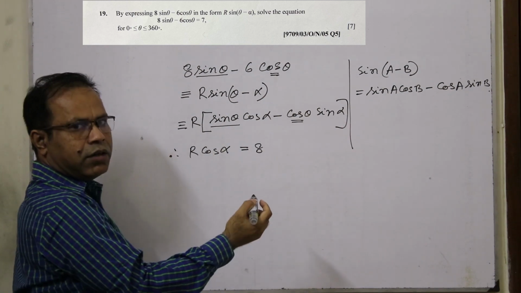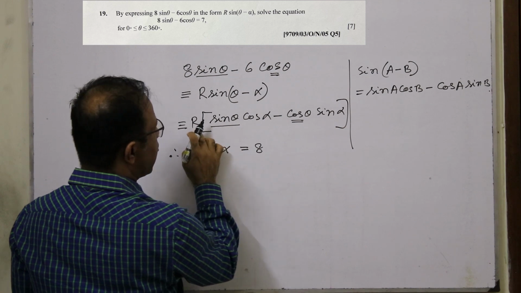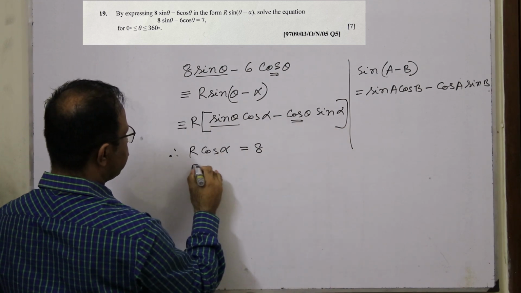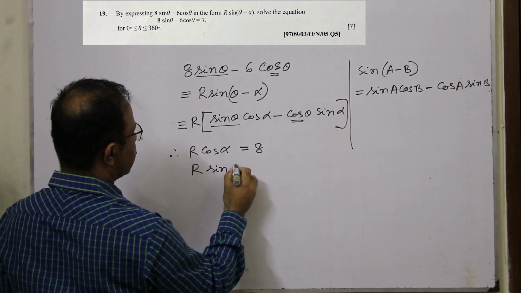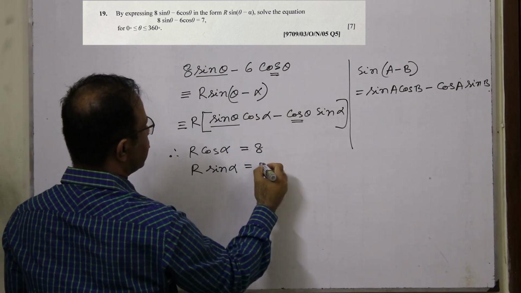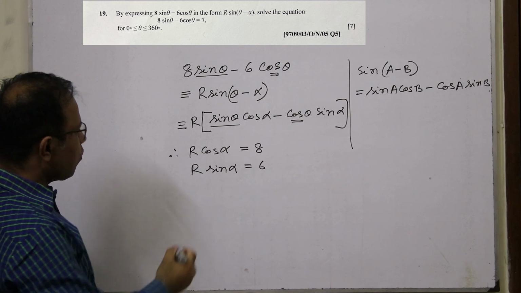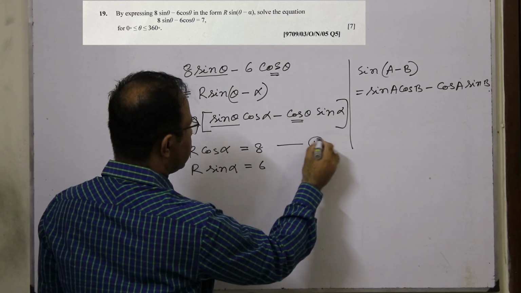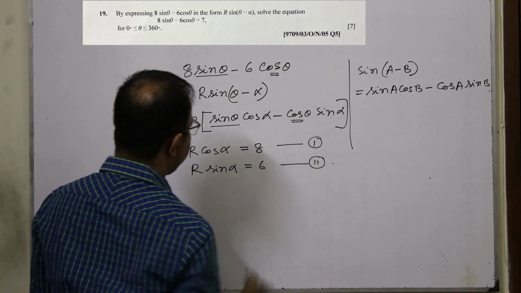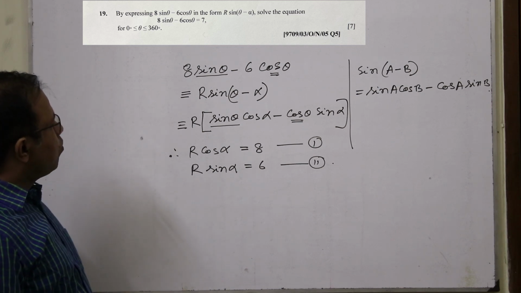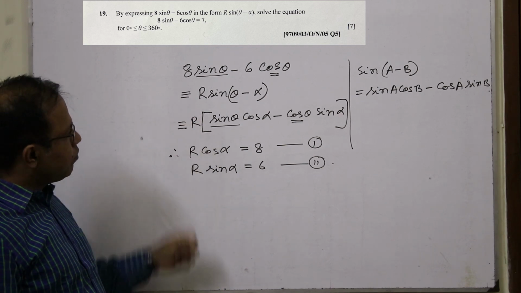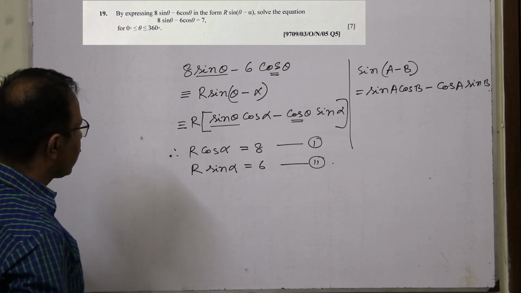If we compare the rest of the part, r sine alpha equals 6. We can consider this one as 1 and this as 2. So we need to find the value of r as well as alpha.